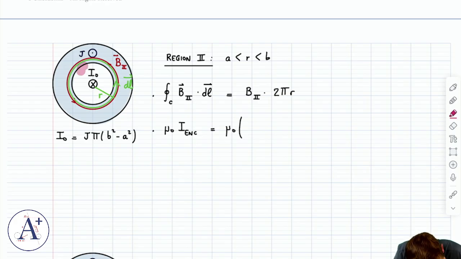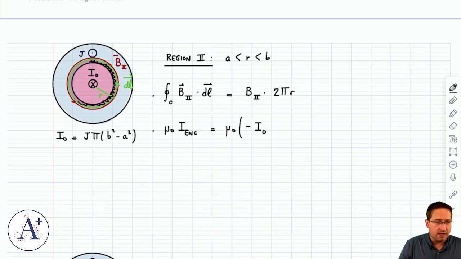Well, let's evaluate the current that flows through this surface here. Now, into the page is negative. So that's going to be minus I0 because I encircle all of it. And then the question is, how much current do I have in this tiny region? Should have drawn my circle bigger, but okay.